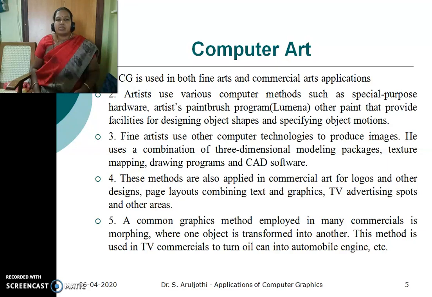These methods are also applied in commercial art for logos and other designs, page layouts, combining text, etc. The common graphics method employed in many commercials is morphing, that you have seen in a Nijab Park ad. In that, the human images, that is faces, are changed frequently with the help of morphing.